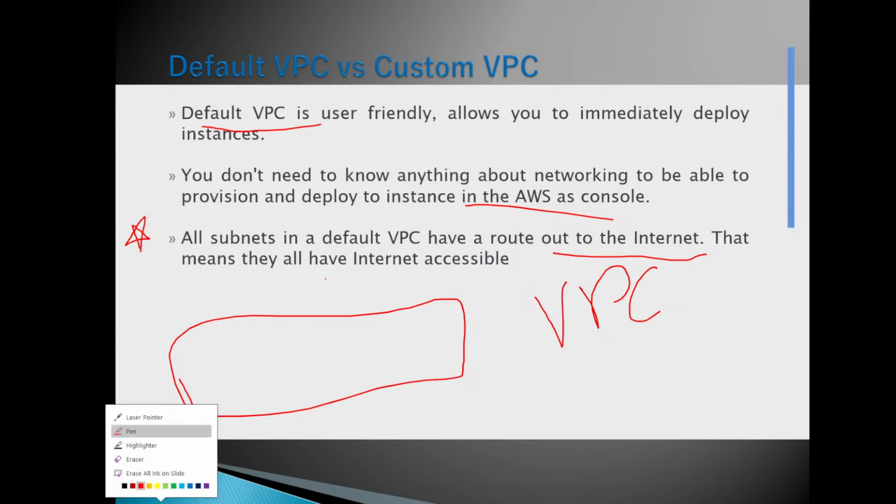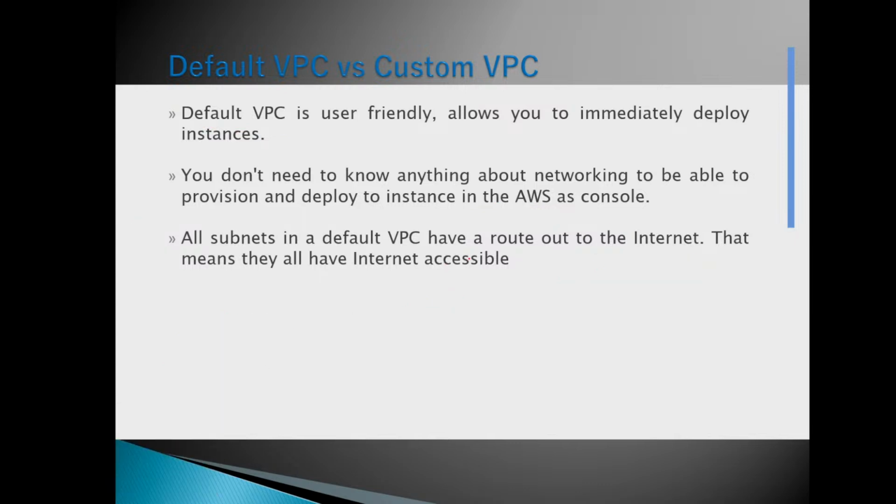If you want to create a private network or deal with a private network, then you can't rely on default VPC, because in default VPC everything is connected to internet, and if everything is connected to internet, that means it's public or private? अगर सब कुछ इंटरनेट से कनेक्टेड है तो पब्लिक है प्राइवेट है? पब्लिक हो गया ना.